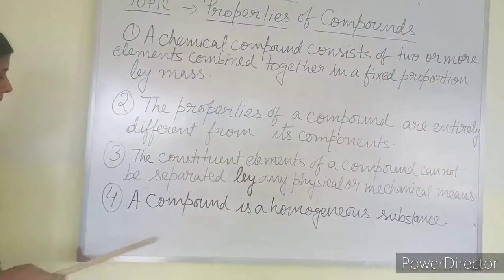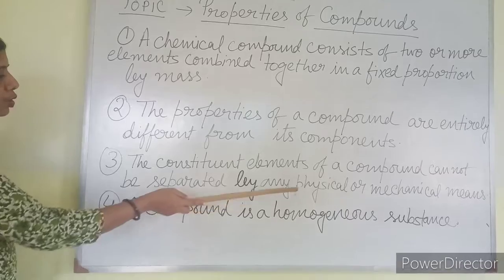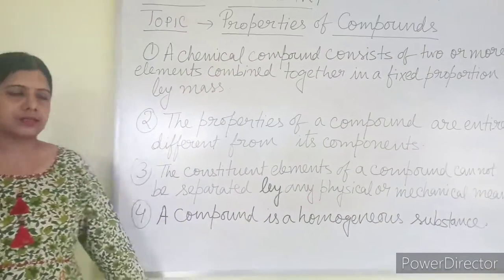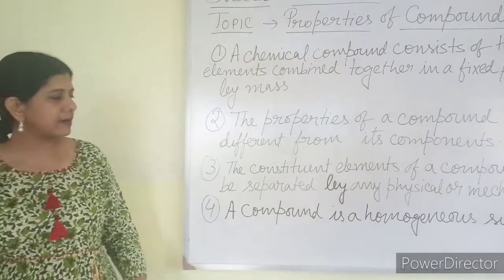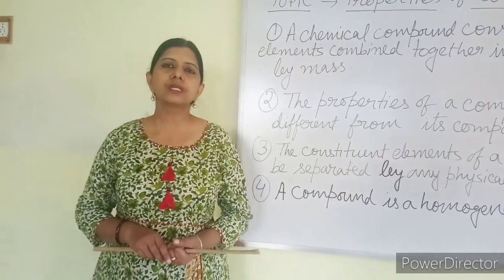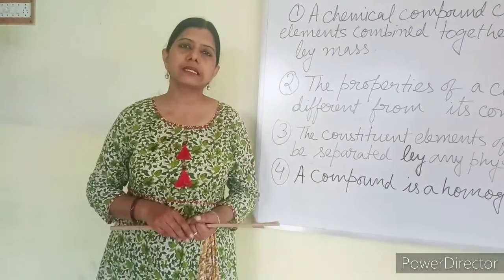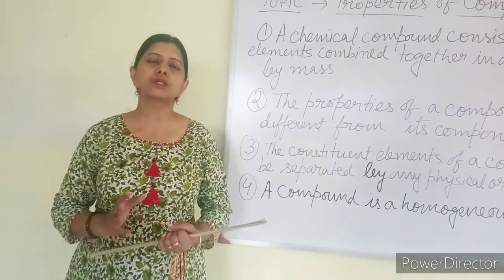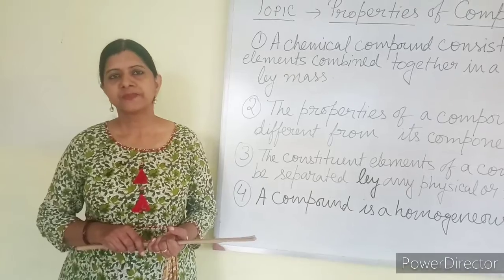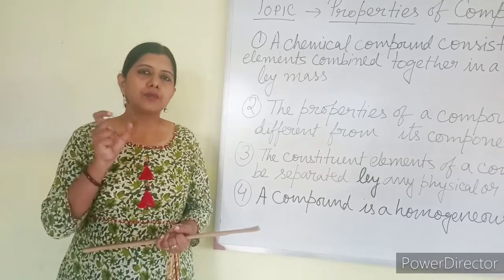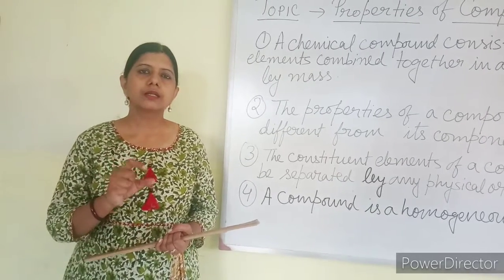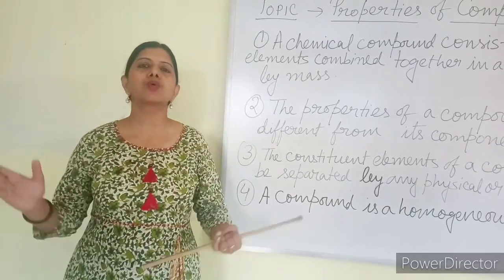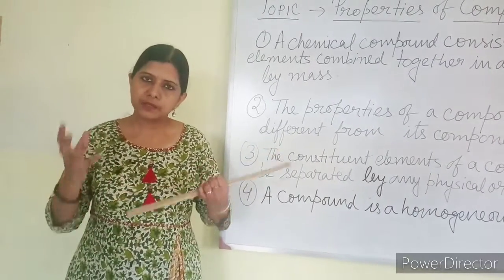Now the fourth one. A compound is a homogeneous substance. The name itself suggests it: homogeneous means the composition is the same throughout. That means the molecule of water, that is H2O, is the same everywhere throughout the bulk of the substance.